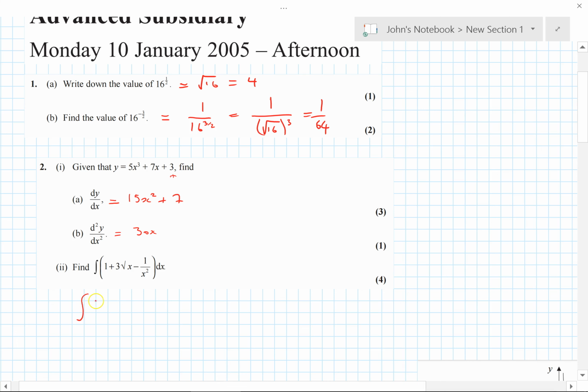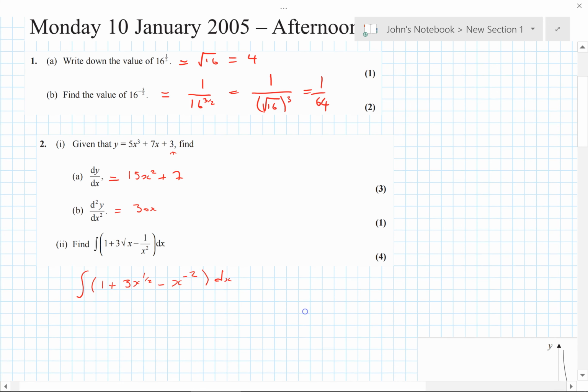We need to write it in indice form first, so that's 1 plus 3x to the half minus x to the minus 2 dx. So this is equal to, well, the 1 integrates to x, the 3x to the half, we need to add 1 to the power, which is 3 over 2, x to the 3 over 2, and minus 2, add 1 to that power, and we get minus 1, x to the minus 1, plus c.